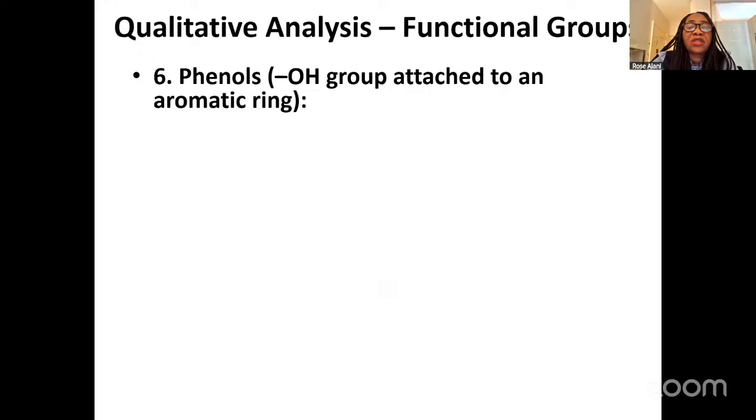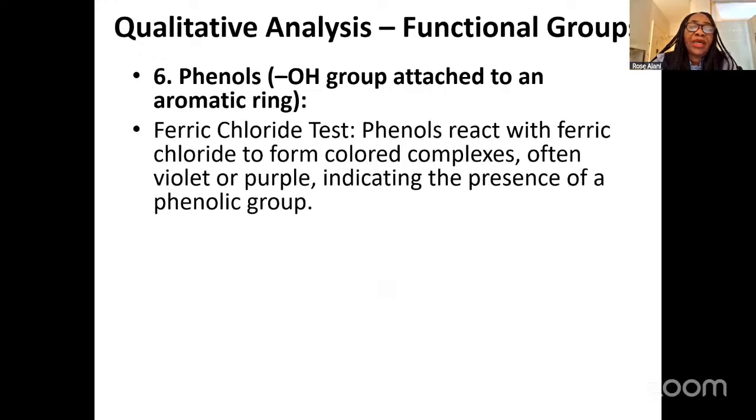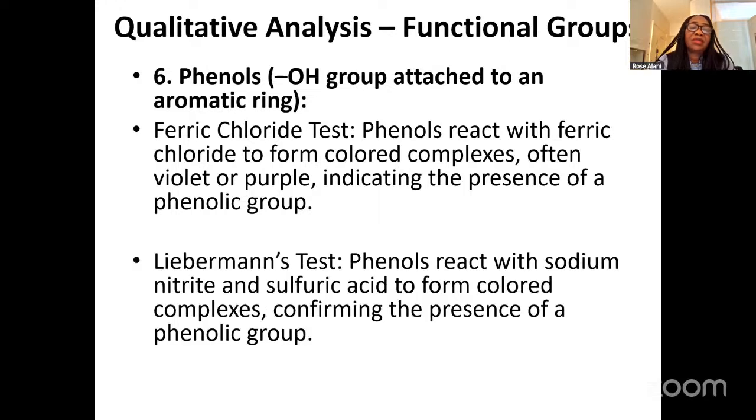So now for phenols also, we have some tests. For example, the ferric chloride test to identify this group. Of course, the phenol group is the OH group that is attached to an aromatic ring. Phenols react with ferric chloride to form colored complexes, often violet or purple, indicating the presence of the phenolic group.